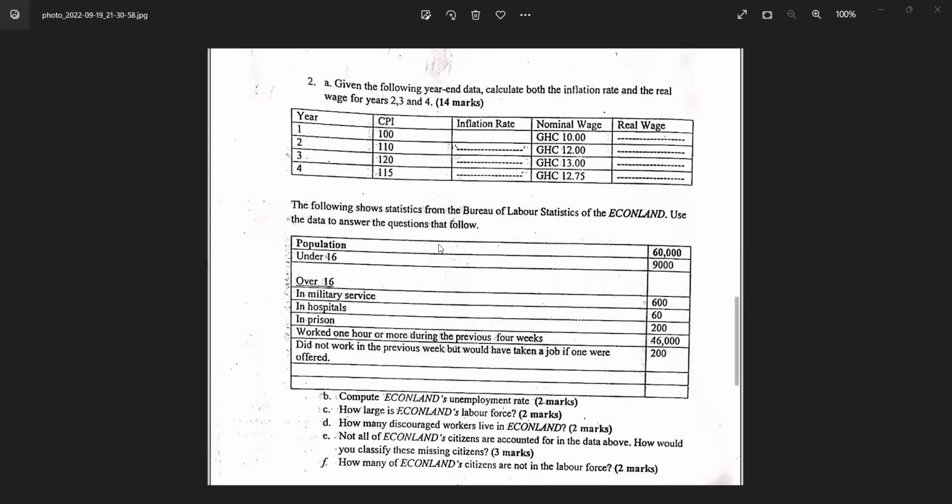It will be the CPI for year 2 minus CPI for year 1, over CPI for year 1, times 100. So we are going to take this 110 minus the 100, over the 100, times 100.